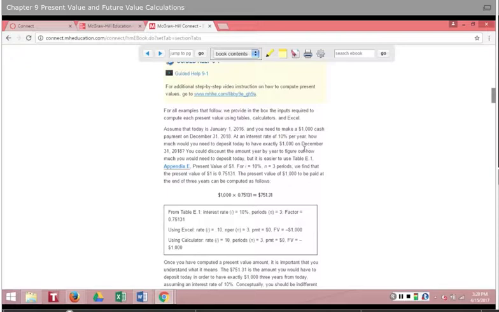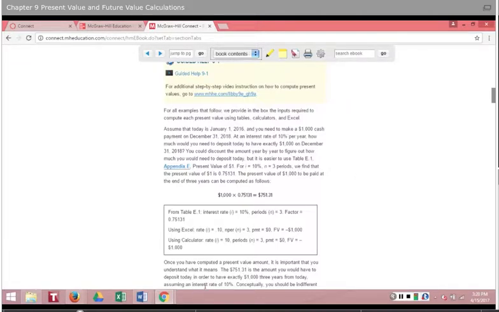At an interest rate of 10%, how much would you need to deposit today to have it equal exactly $1,000 on December 31st, 2018? You could discount the amount year by year to figure out how much you would need to deposit today, but it's easier to use Appendix E.